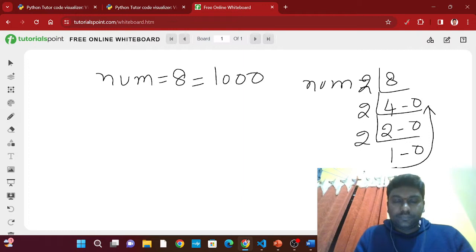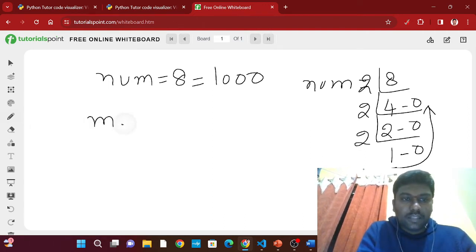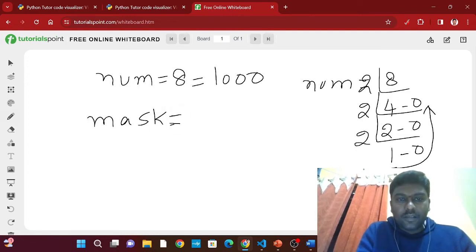Okay, so now how are we going to determine the number of set bits in a particular given number? For that, I am going to take a mask. The mask is going to be represented by 1 left shifted by i times.